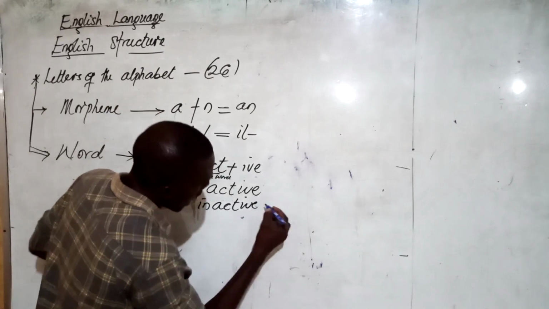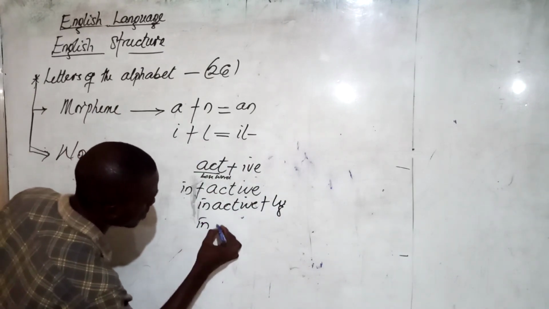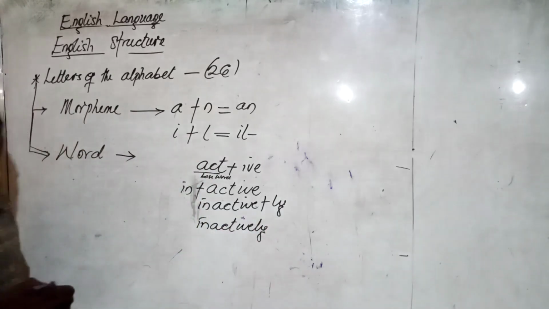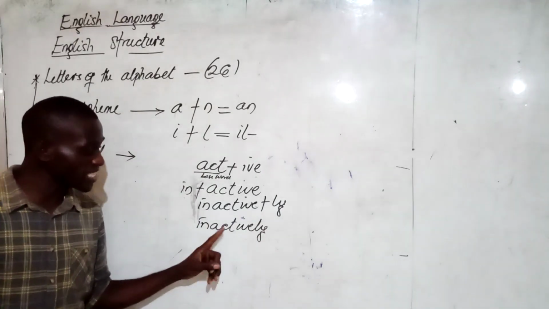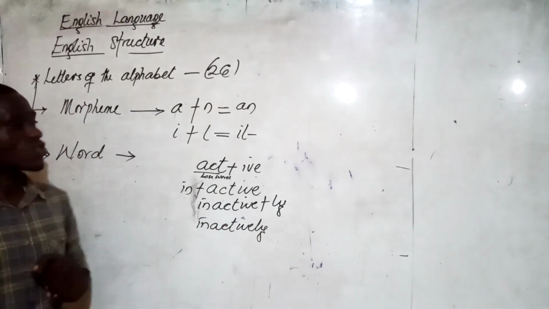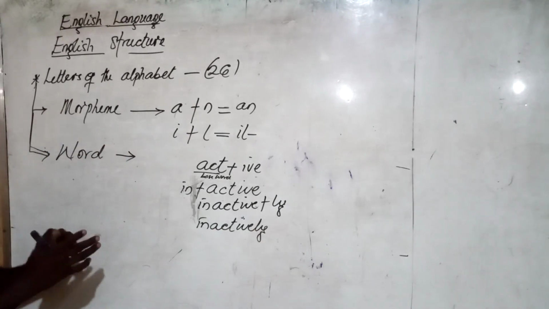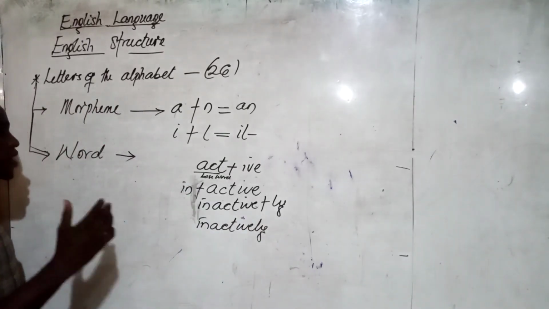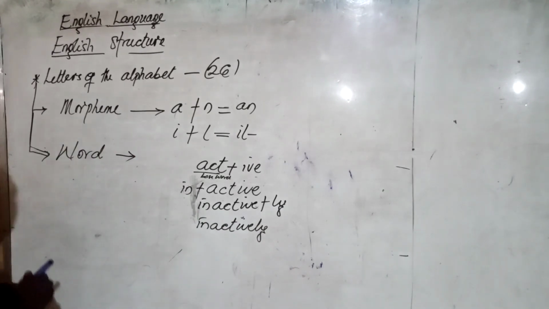So for example, I could add ly here, and my word becomes inactively. You see, this word actually started from just act. So when morphemes come together, they form a word. A word is simply the smallest single structure that makes sense.